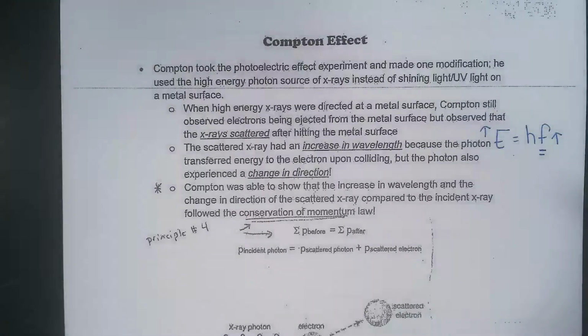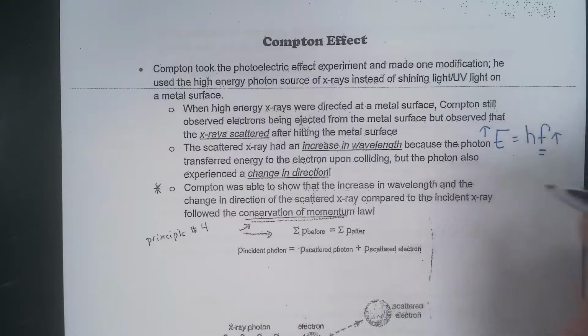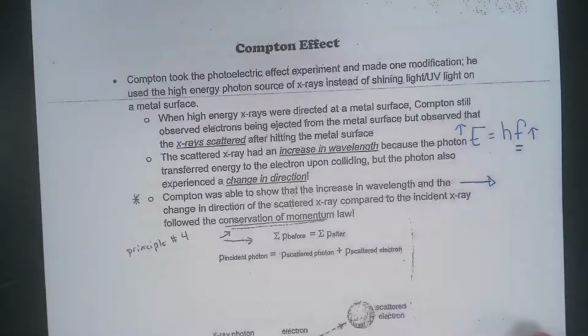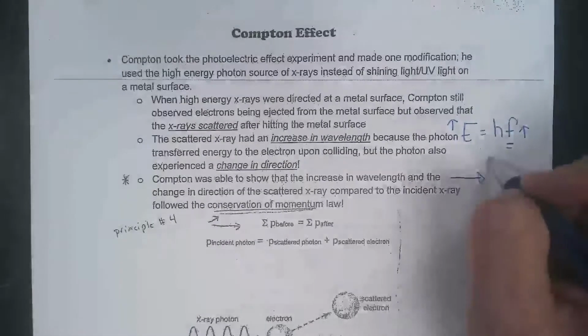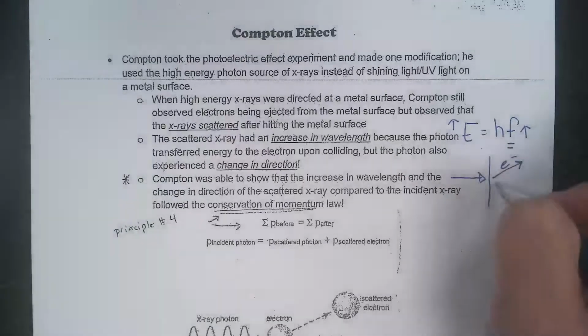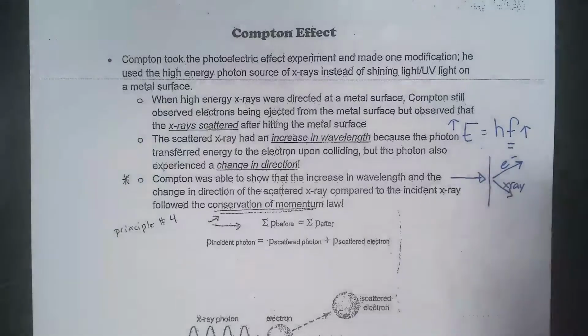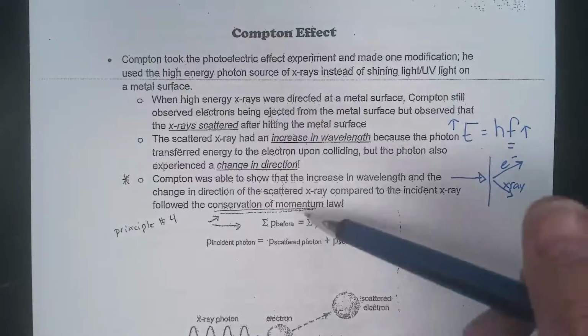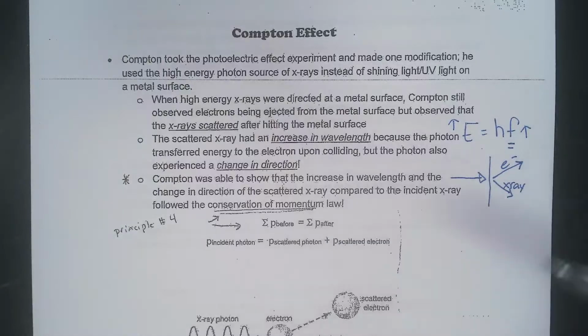We also have an incident ray hitting a plate, and we see the electron go off in one direction, and we see the X-ray go off in another direction. Because we see the change in direction, we also know that we're going to see a conservation of momentum. So this is going all the way back to the first unit.